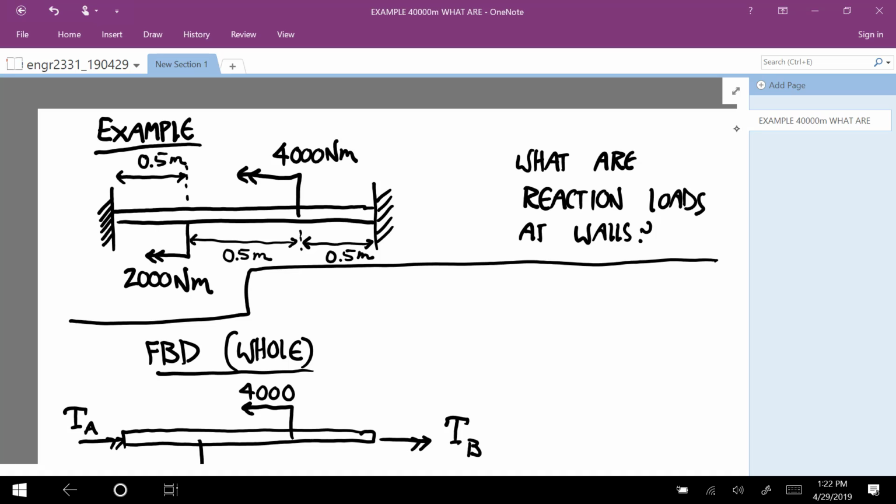If this was a pin joint and this was a pin joint, this wouldn't really make much sense because that just says that you'd have a torque of 6,000 Newton meters and it would just make this thing spin. And so you get an angular acceleration.